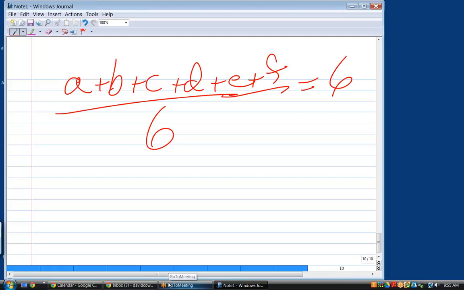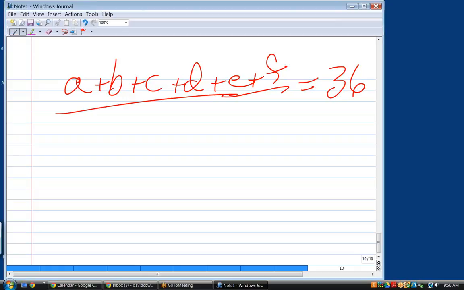Let me tell you how to do average problems. Average problems are all about totals. I can take this statement here and multiply both sides by 6, so that the total of those 6 numbers has to be 36. If their average is 6, then the total has to be 36. Now I'm going to subtract 3 from 4 of the numbers.